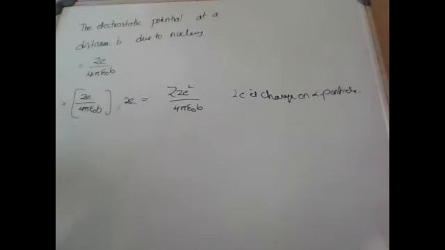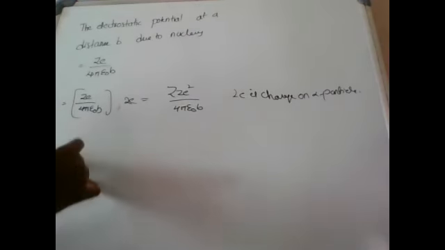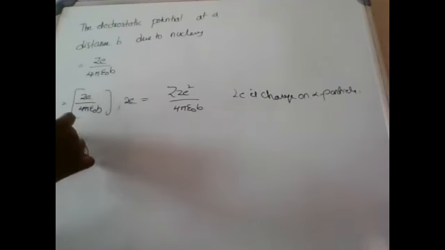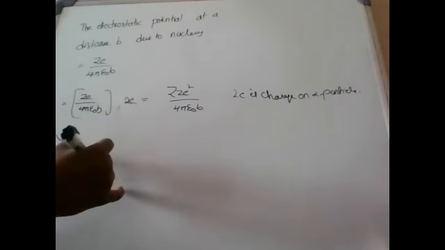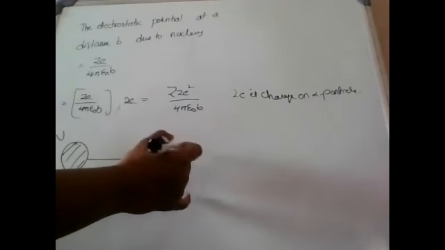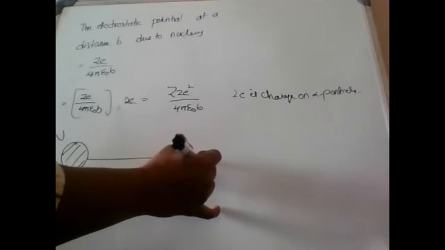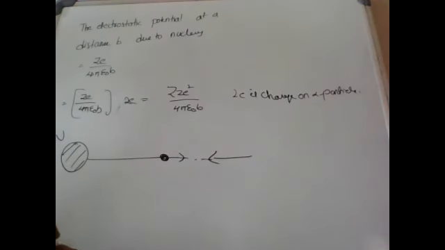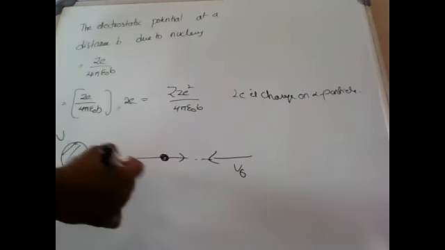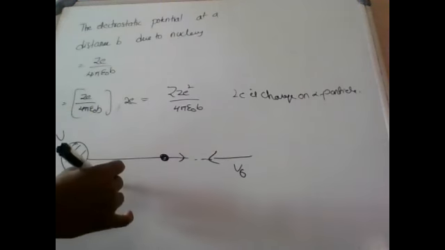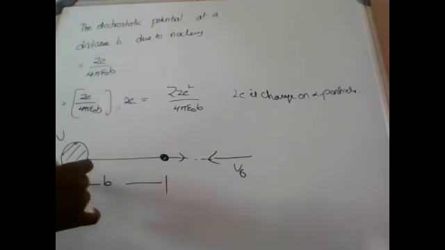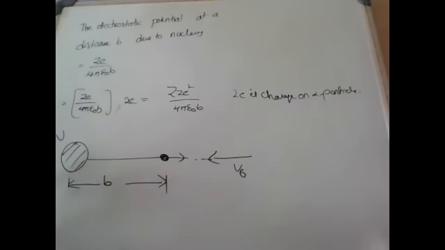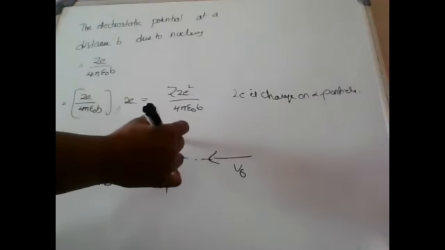So this is the diagram. Here v naught is the velocity, here the distance b, here the alpha particle.